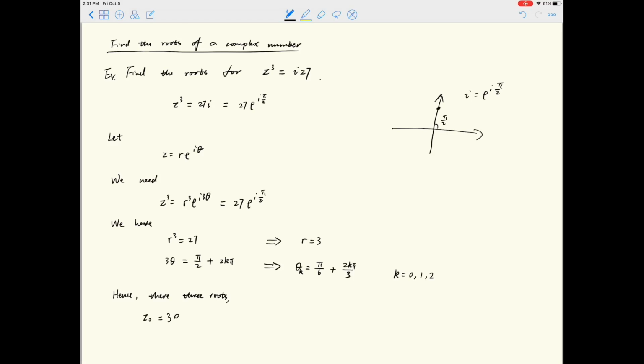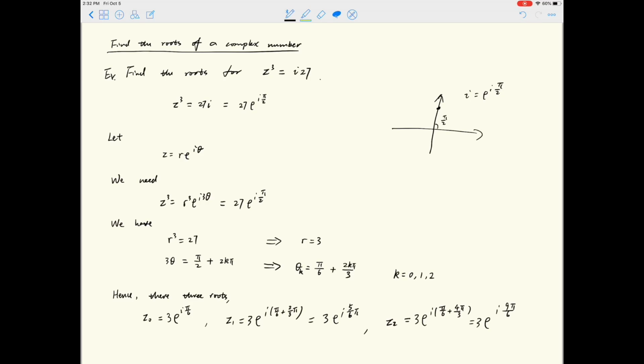z0 is simply 3e to the i pi over 6, and z1 is 3e to the i pi over 6 plus 2/3 of a pi, which is 3e to the i 5 pi over 6, and z2 is 3e to the i pi over 6 plus 4/3 pi, which is 3e to the i 9 pi over 6.